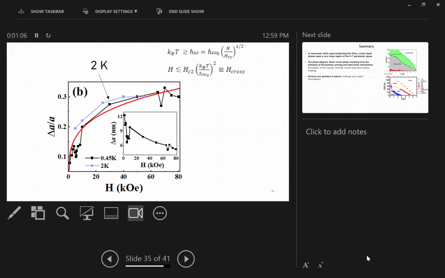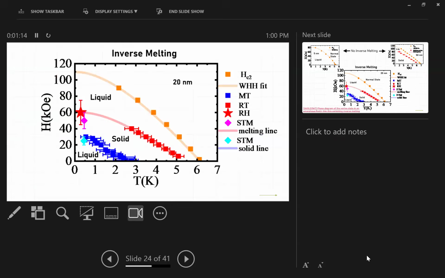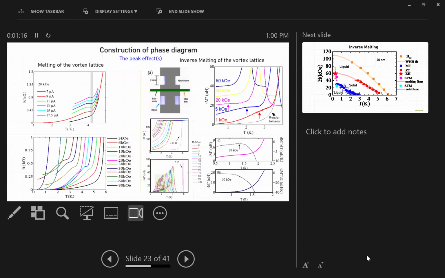So the transport regarding the inverse melting, I wonder if you see any indication in the transport. Yeah, we did. I rushed through this, but indeed we see, and that is what I am showing you here. So you see the melting of the vortex lattice, we use this phenomenon which is called a peak effect. Peak effect means whenever you have an order to disorder transition, you have an anomaly in the critical current. An anomaly in the critical current will reflect in every other property.